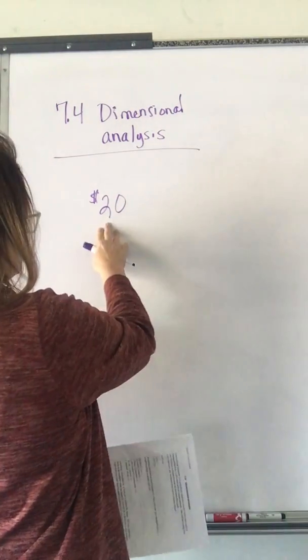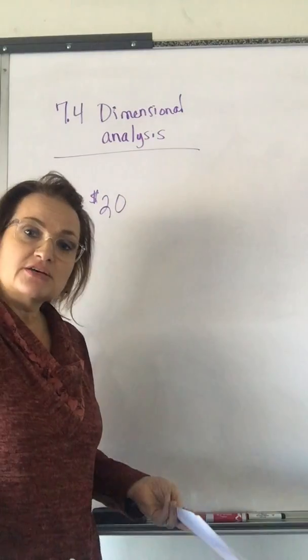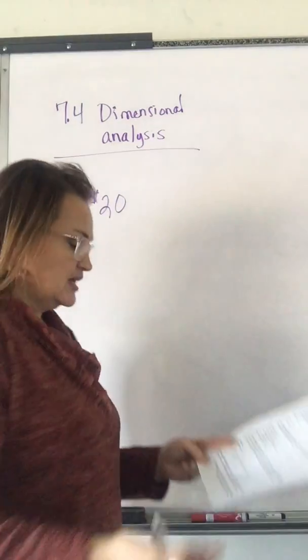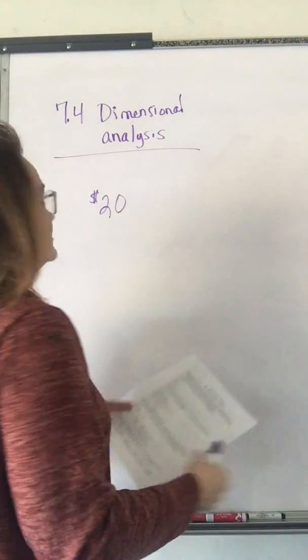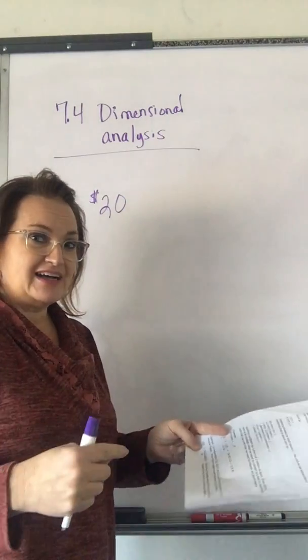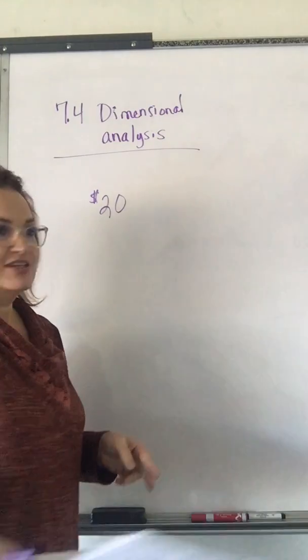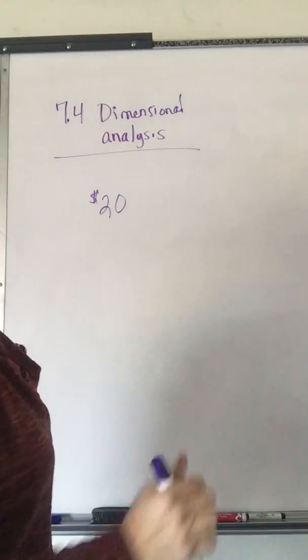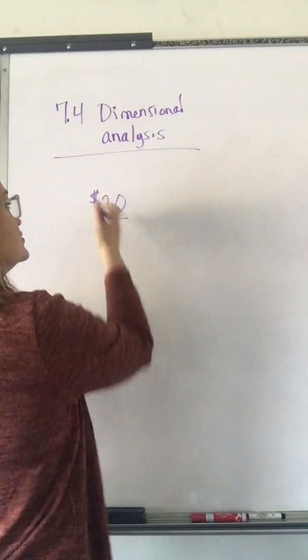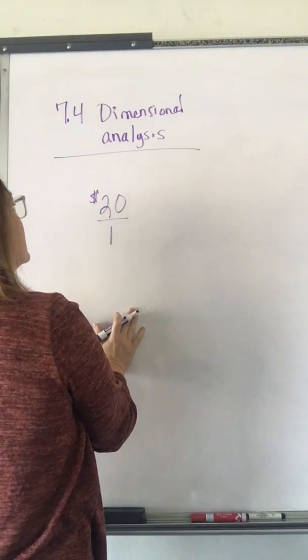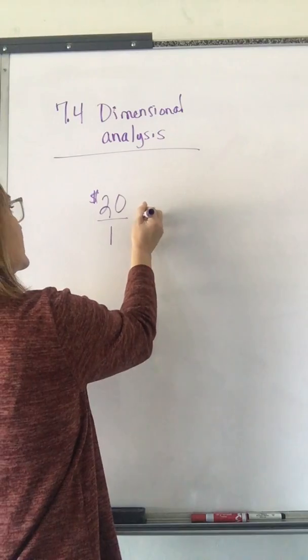So convert your dollars over. We can take our $20 and say, how many pesos are they going to give me for $20? And again, you might just know to multiply it by that conversion factor. But if we're going the other way, we might have to divide. So sometimes it is helpful. It shows us which way to go with that, multiply or divide. But you take whatever you're trying to convert. So if I'm trying to go from dollars, I put my $20 over 1.